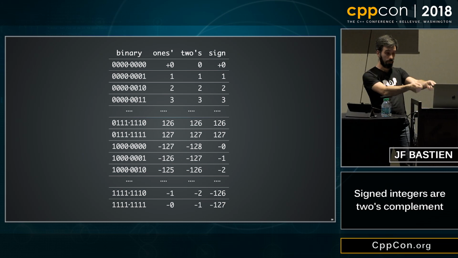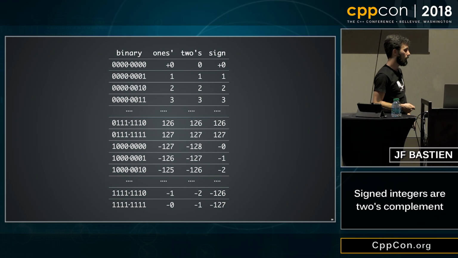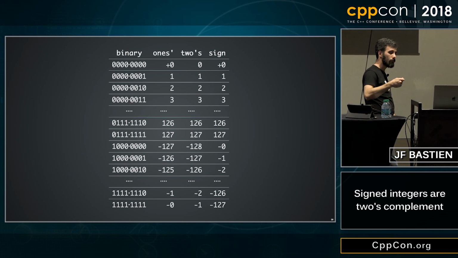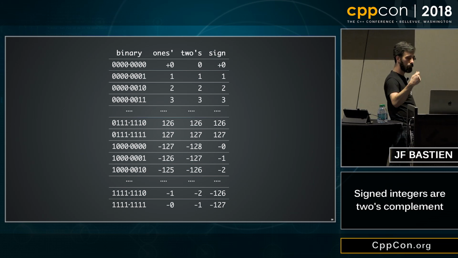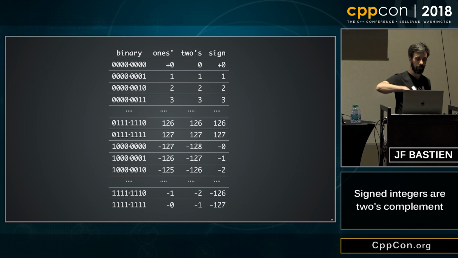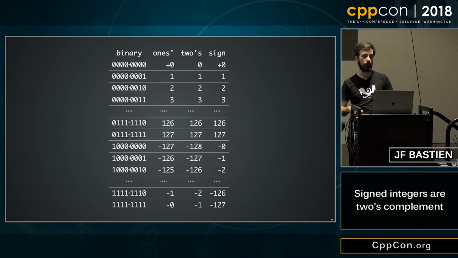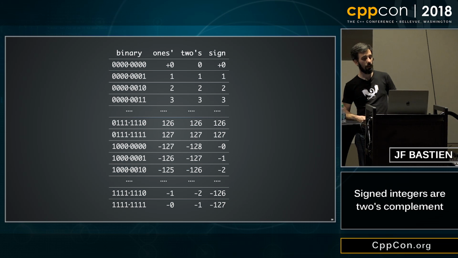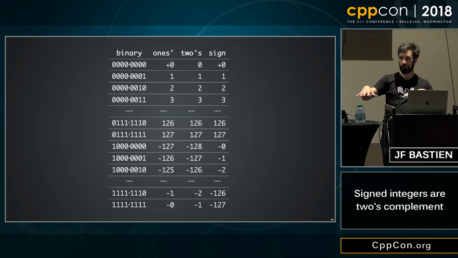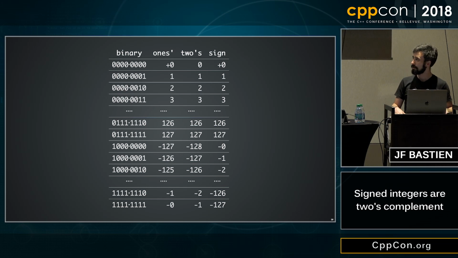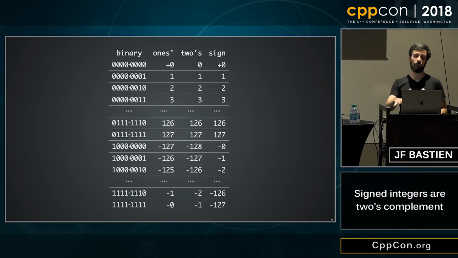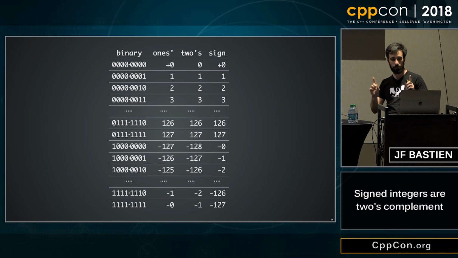So this is the storage of two's complement, but the arithmetic is really what happens when you overflow, either positive or negative overflow, or when you do the absolute value, or when you divide. So I want to disassociate arithmetic and storage. I think storage is a thing we can define fairly easily in the language. Arithmetic is the thing that might be a bit more contended. So I want to keep those two things separate.